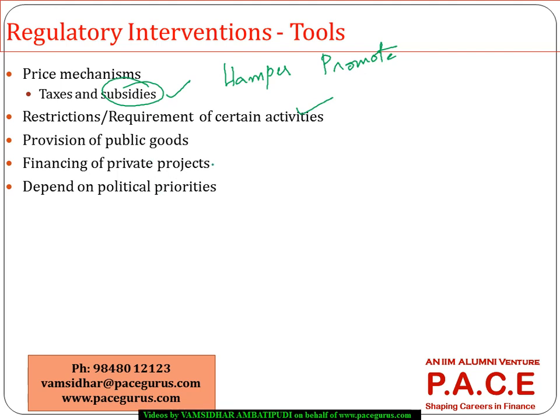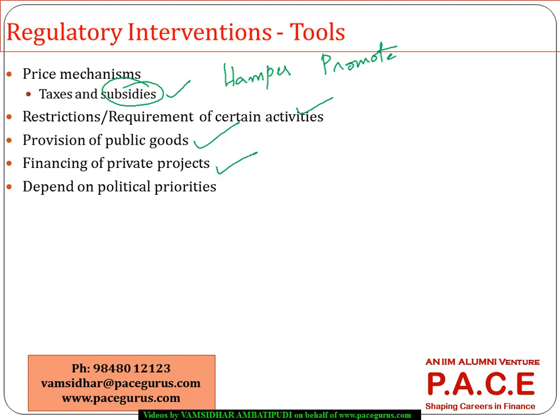The other way they can intervene is by providing public goods. They can offer more and more public utilities and public amenities. They can provide better leisure facilities to the public. Regulatory interventions can come into all these kinds of things.